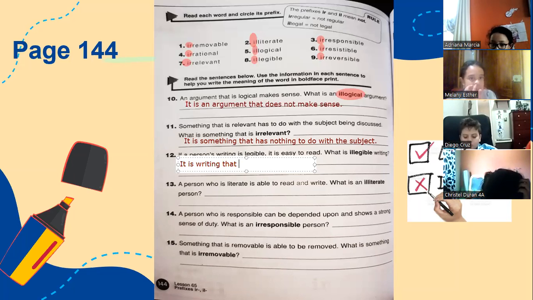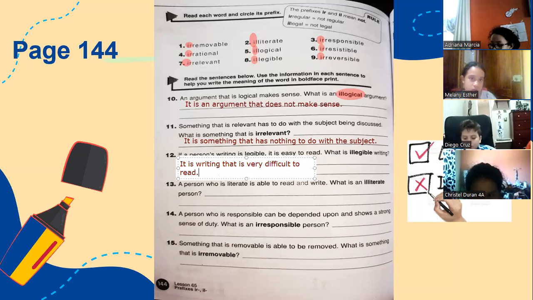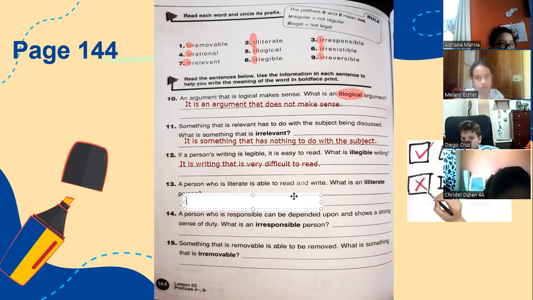So the sentence says it is easy to read. So if it is not easy to read, it's very difficult to read. Some of you lose points in Schoology because of that. It is difficult to read your work. So you got minus points.